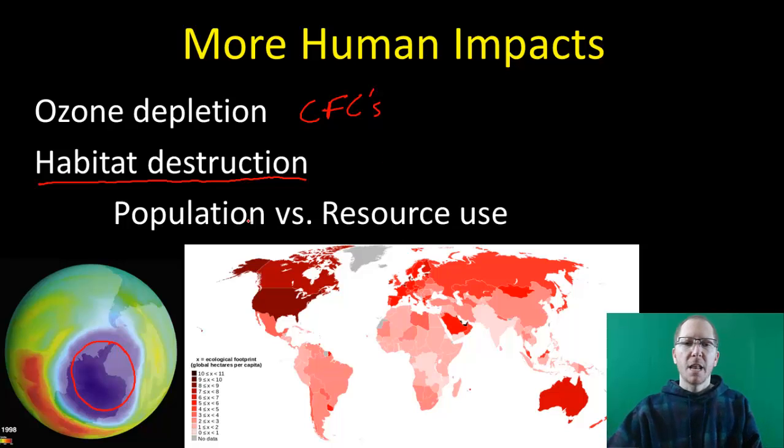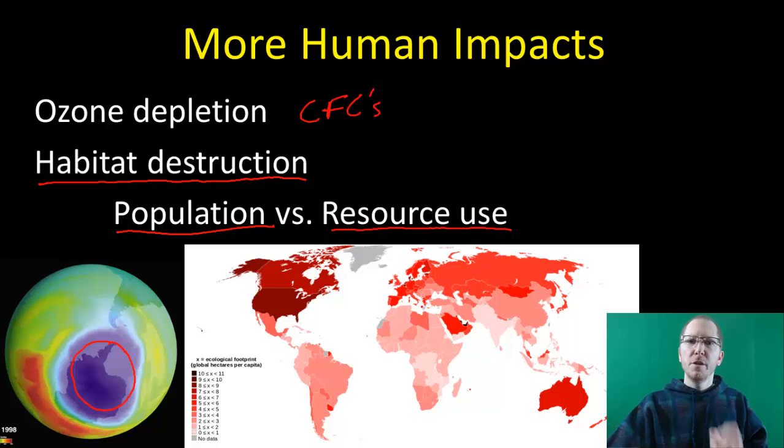And so one part that a lot of people would say is overpopulation, too many people, and so our resource demands are so high that we have to keep going and damaging more and more stuff to try to make it do what we want and not just be nature. And then a lot of that also ties into resource use, because different people use different amounts of resources.